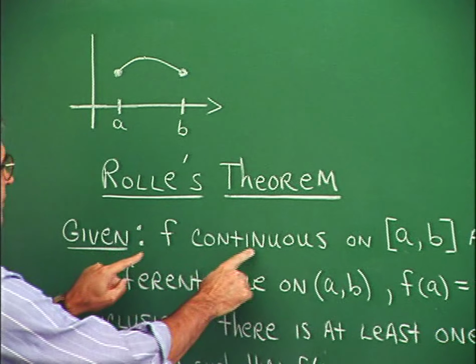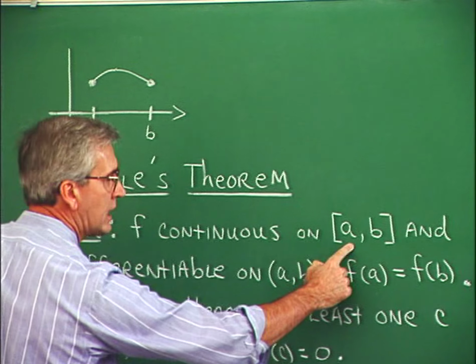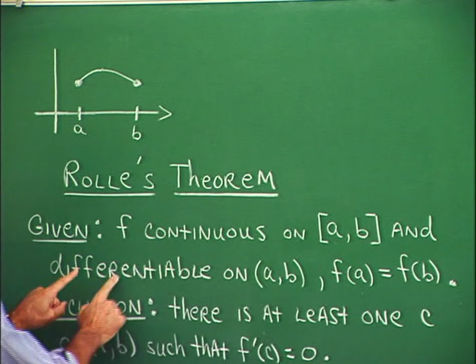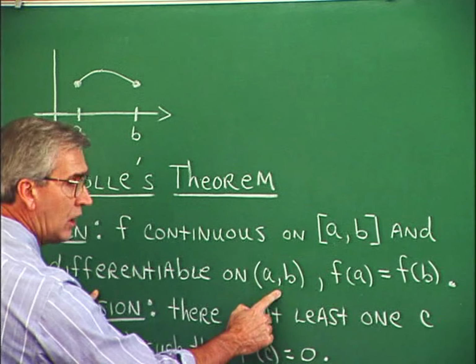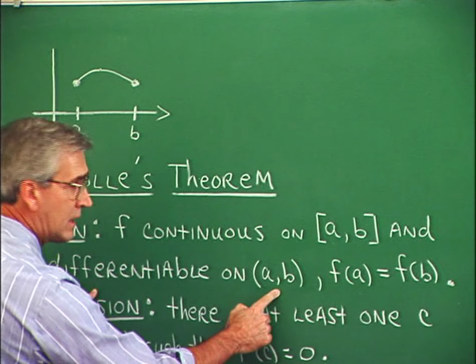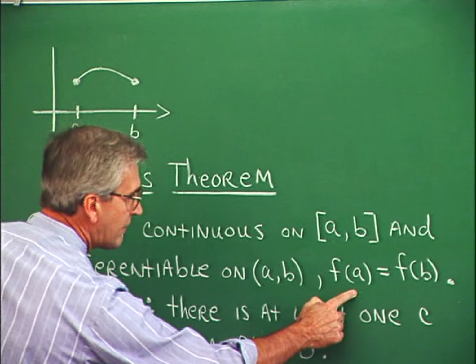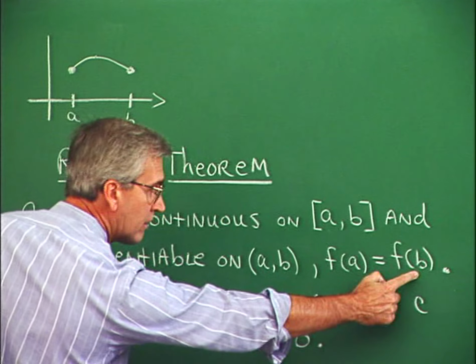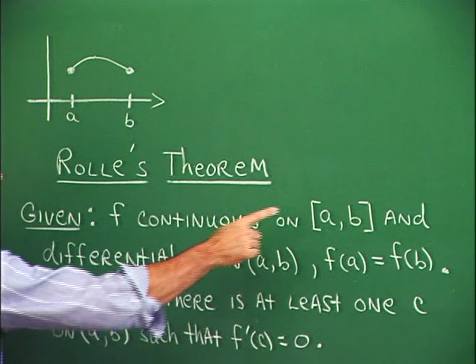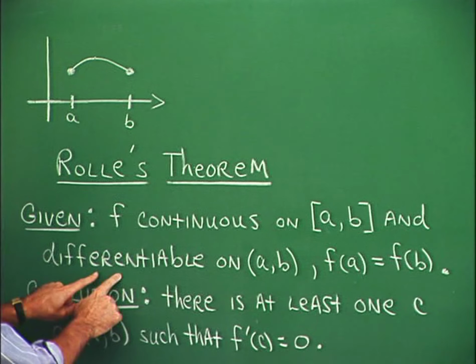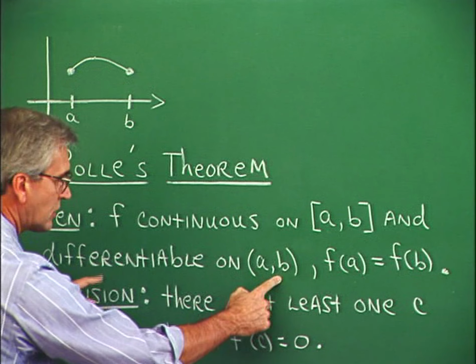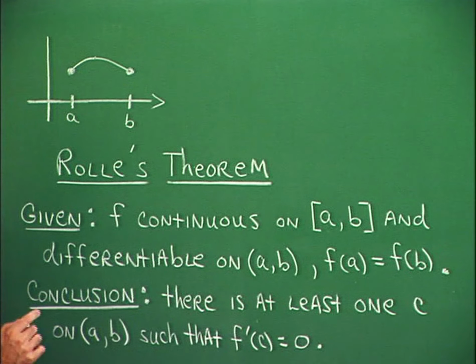Given f continuous on the closed interval a to b and differentiable on the open interval a to b, and f of a is equal to f of b, then we can make a certain conclusion. Now, I'll tell you why the differentiability condition is necessary in just a minute.